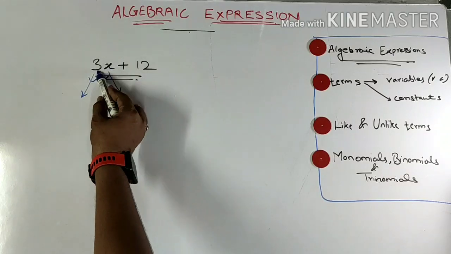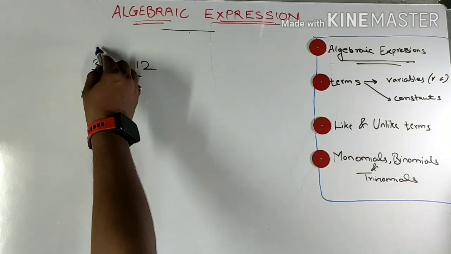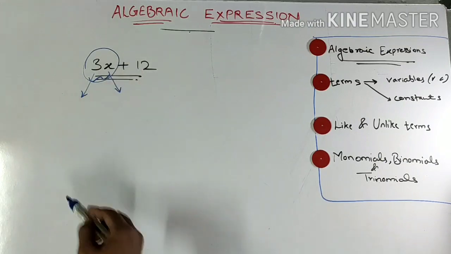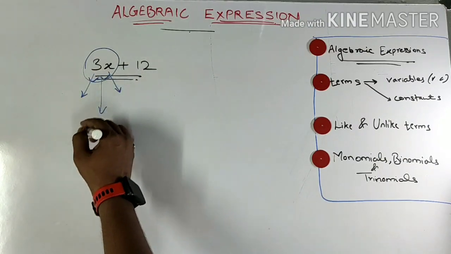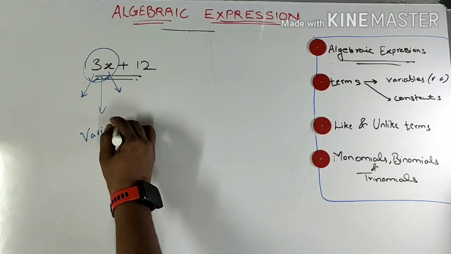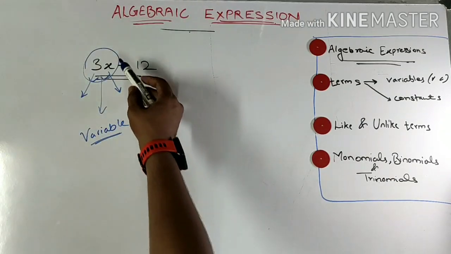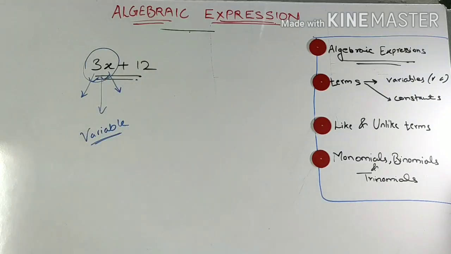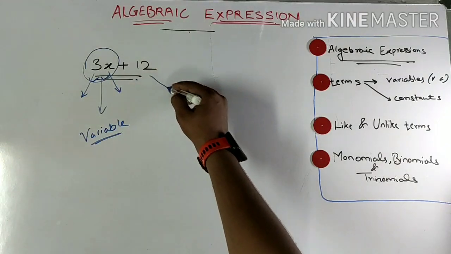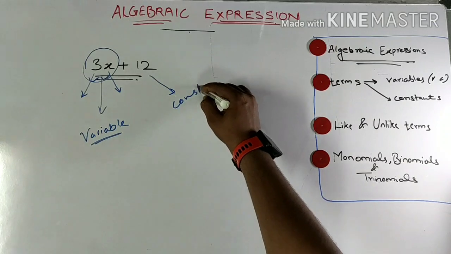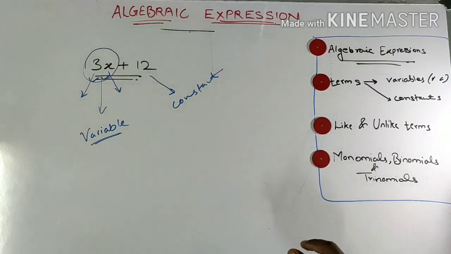Because 3 and x are multiplied together, the whole term's value depends on x. So together this term is called a variable term, because its value varies because of the presence of the unknown x. And this is your constant.